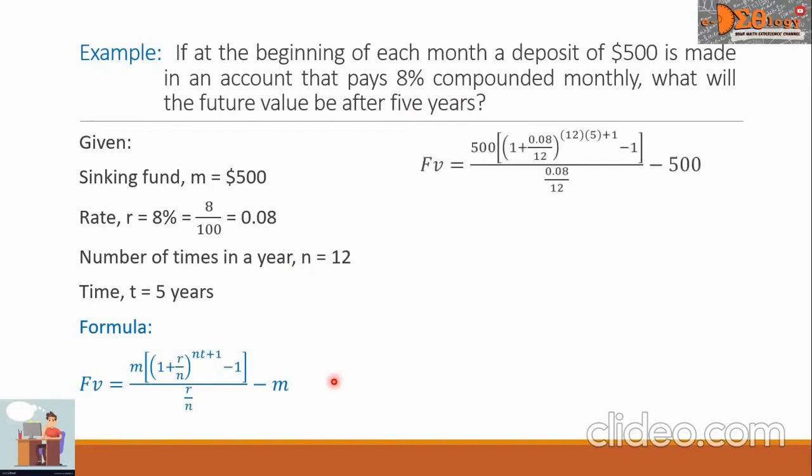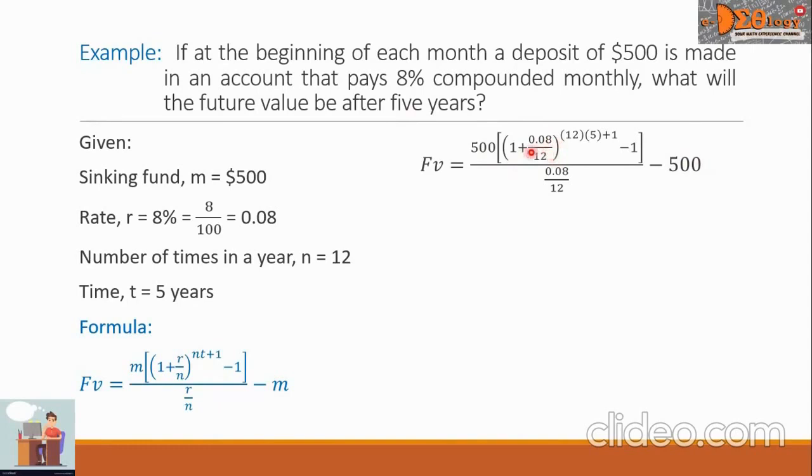In our formula, the m is found in two places, which is here, where the m is changed now into 500, and also in here. And then the constant one we copied, plus the fraction r over n.